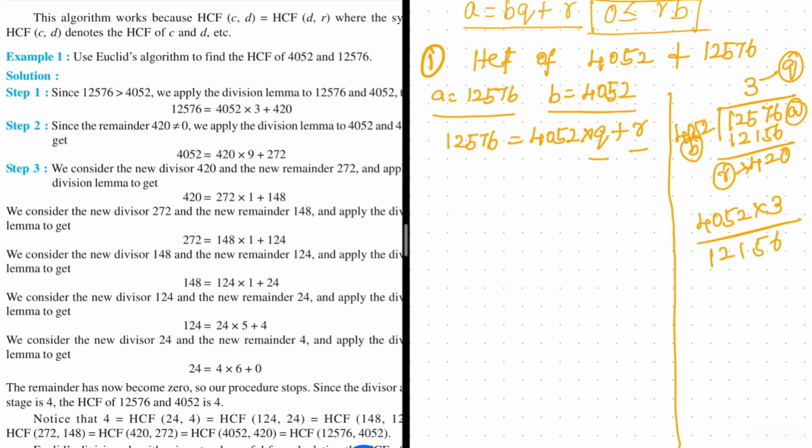So we can substitute this value here. 12576 is equal to 4052 into Q, which is 3, plus R, which is 420.